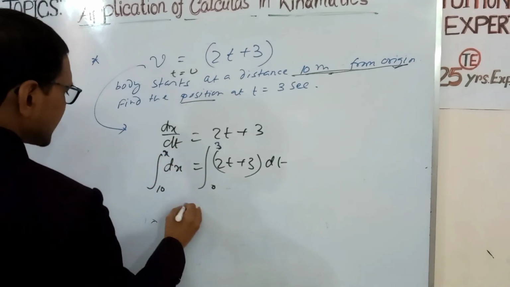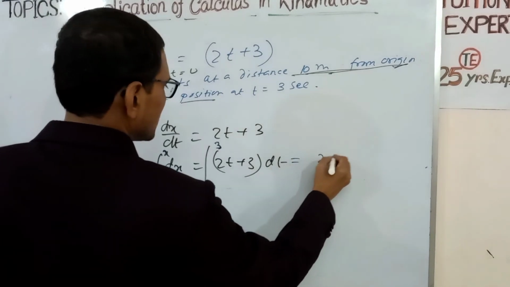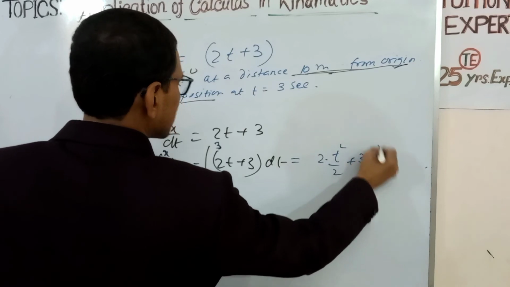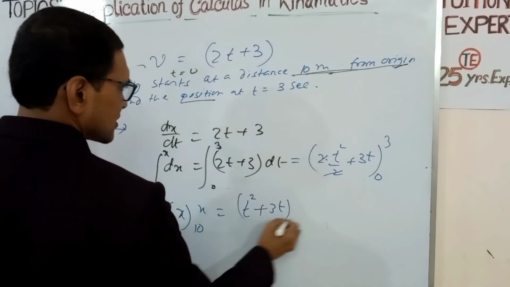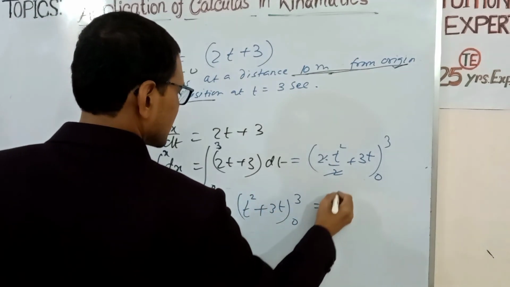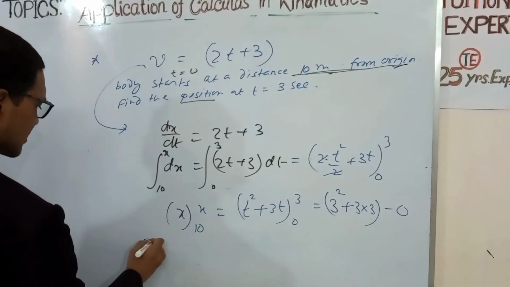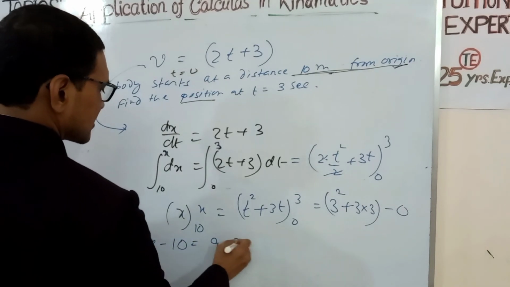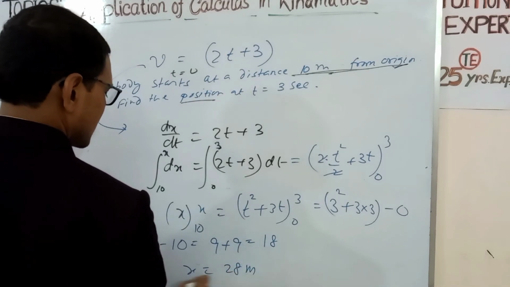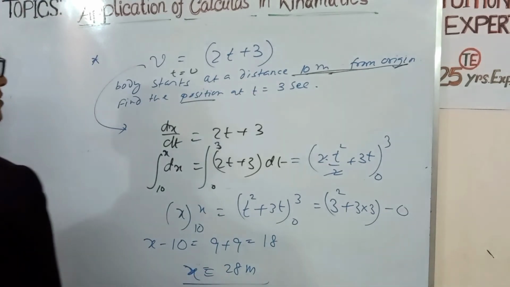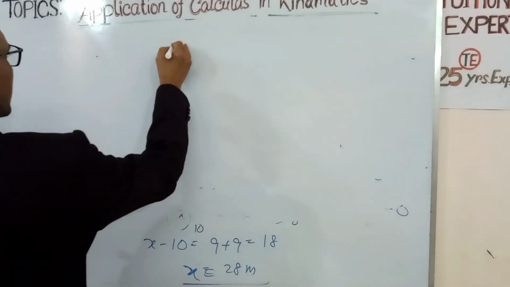Now dx integration is x, 10 to x, 2t dt integration is 2 into t square by 2 plus 3t. This is the answer.